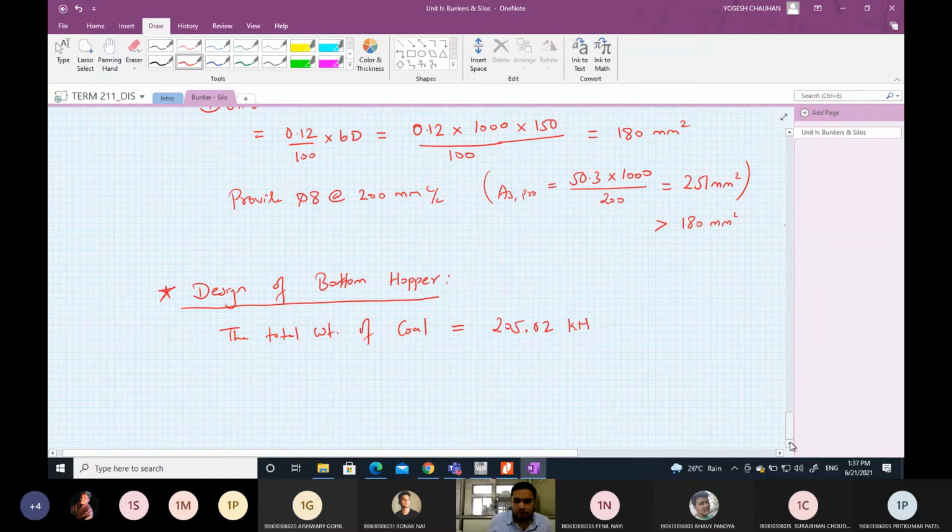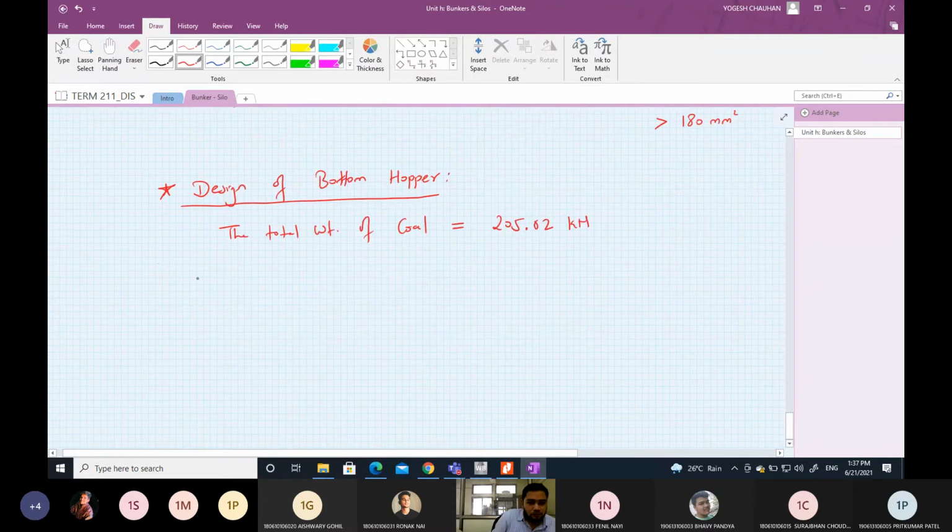Now let us assume the thickness of the sloping wall as 150 mm and lining of 30 mm or 25 mm.